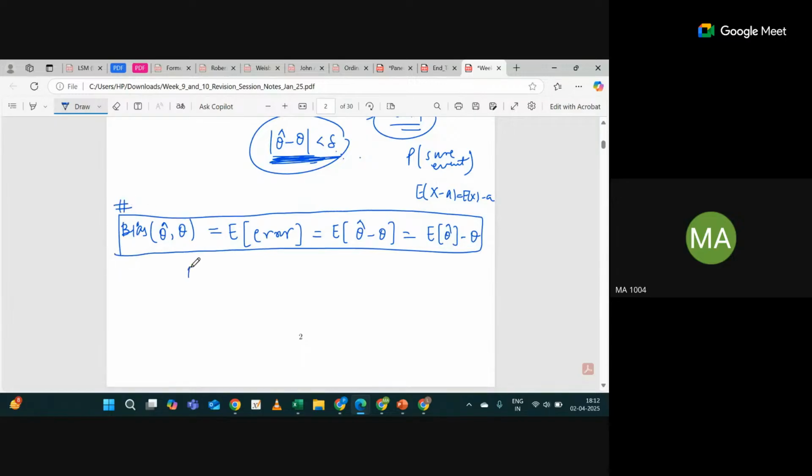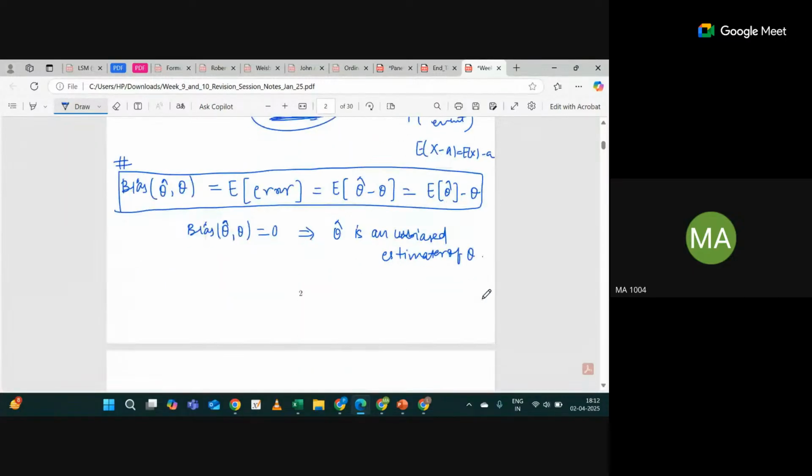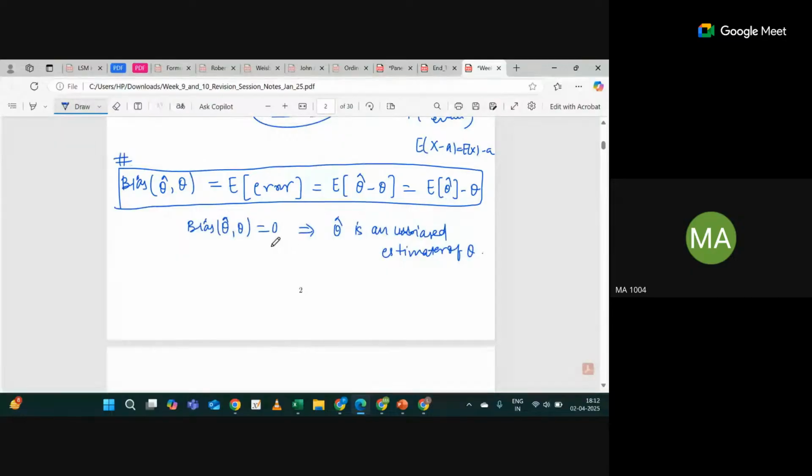Now, if the bias of this theta hat is 0, then I will say theta hat is an unbiased estimator. This is not biased because the bias is 0. I will say this theta hat is an unbiased estimator of theta. So how will you find whether this bias is 0 or not?